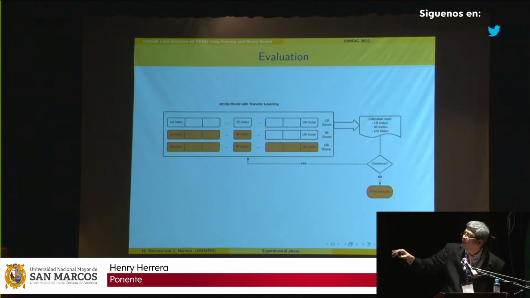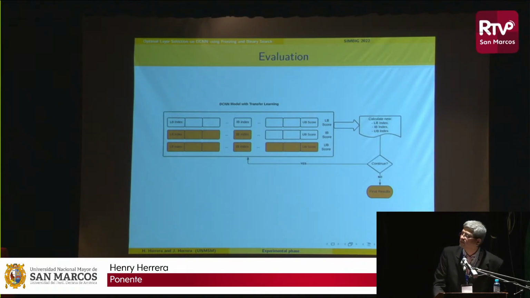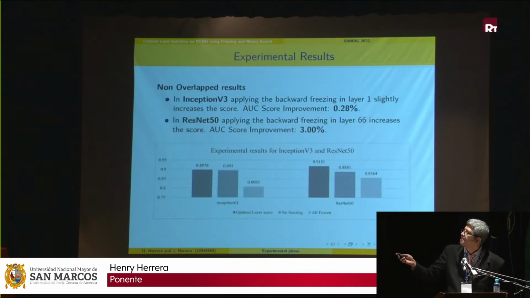Also, we are defining the intermediate bound index, and finally, we are freezing all the layers in order to have the first upper bound. After that, we evaluate the scores and detect the next indexes. Finally, we continue the iterations until we have our best value.